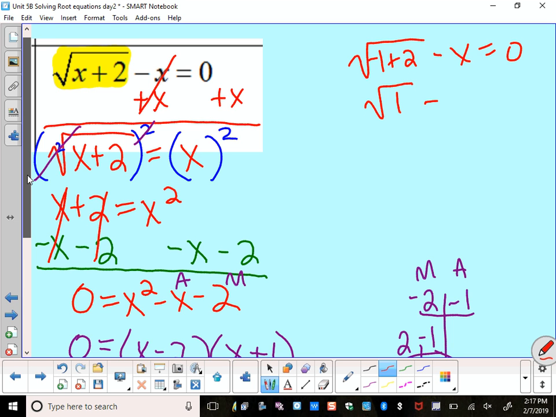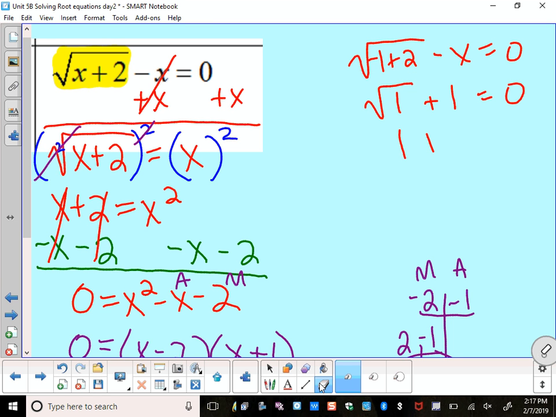One minus -1 equals 0. So wait, this is wrong. Now I'm losing my mind. Ignore this. I'll check it on my calculator.